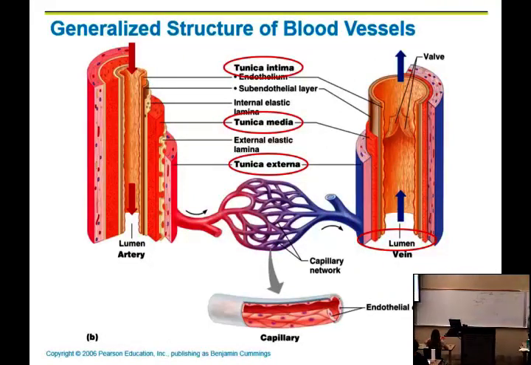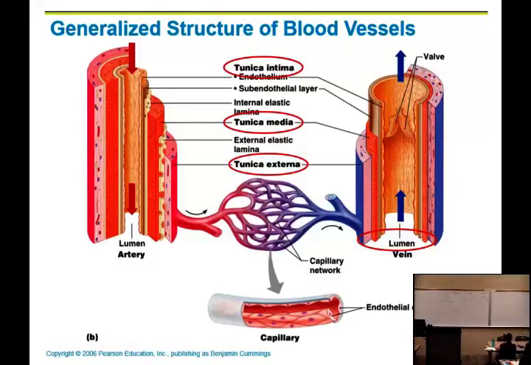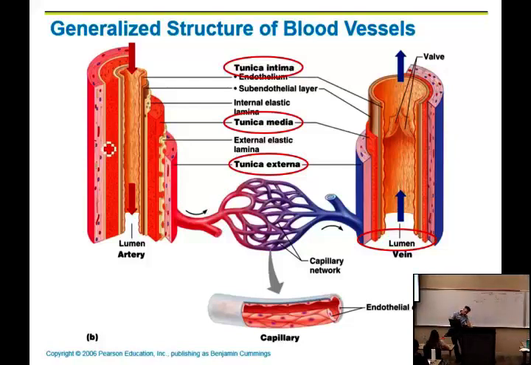All right, so let's take a look at the blood vessels in terms of that anatomy and physiology. We said on the arterial side, seen on the left, we need to have reinforcements. It's high pressure, high flow, so we have an extremely thick wall. If you look at the thickness of this wall compared to that wall, you can see that arteries have a much thicker wall.